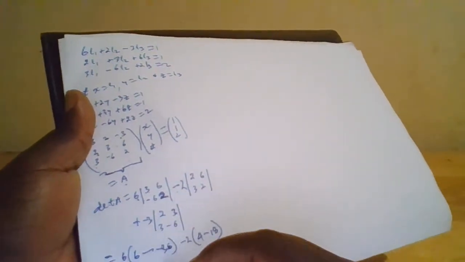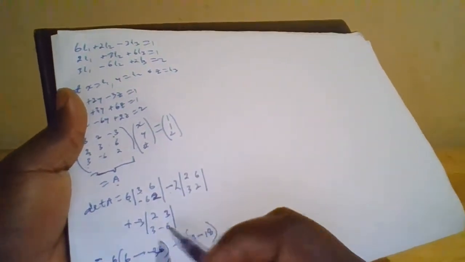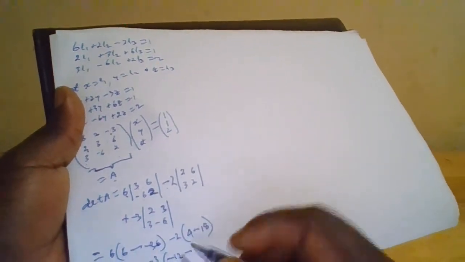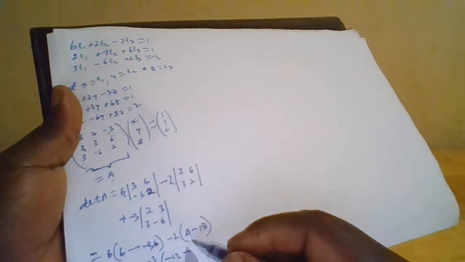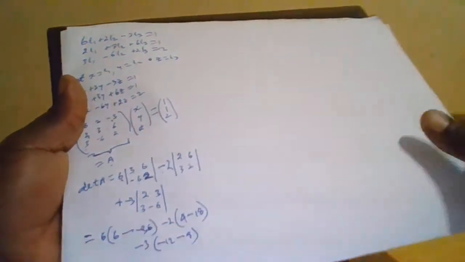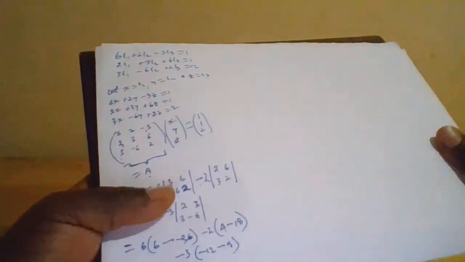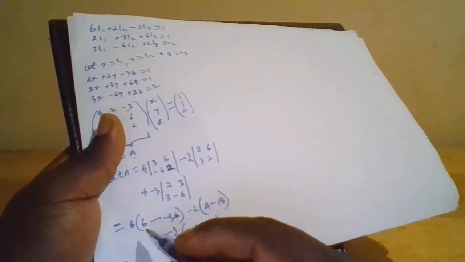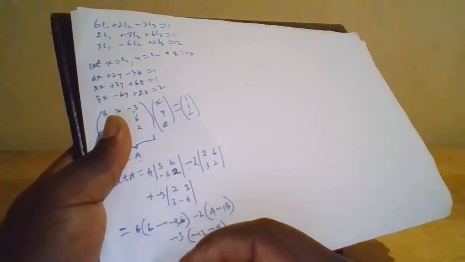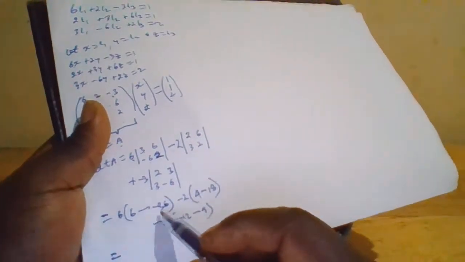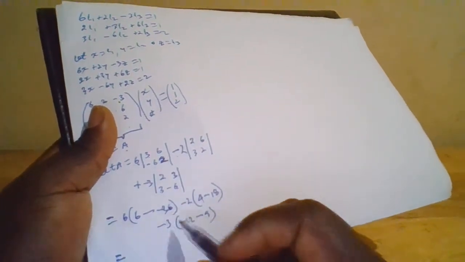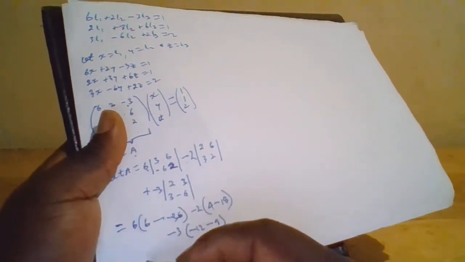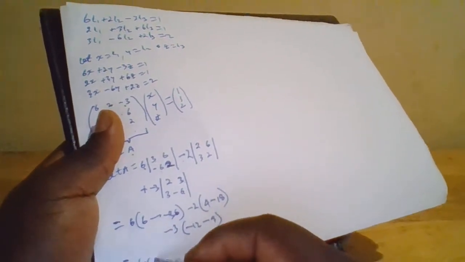Then minus 3 into negative 6 times 2, negative 12, minus 3 times 3, 9. So 6 minus that 6 is the same as 6 plus that 6, so we have 6 times 42.